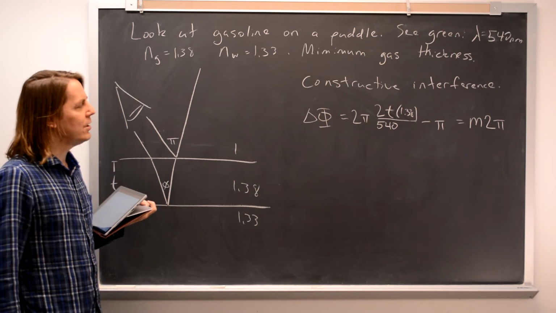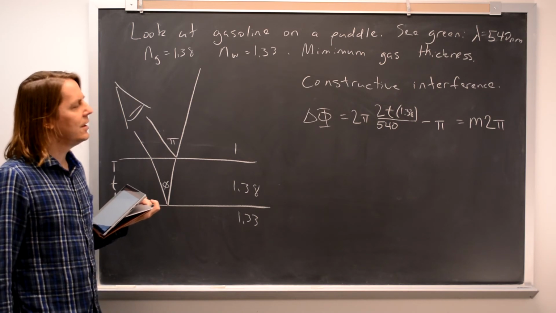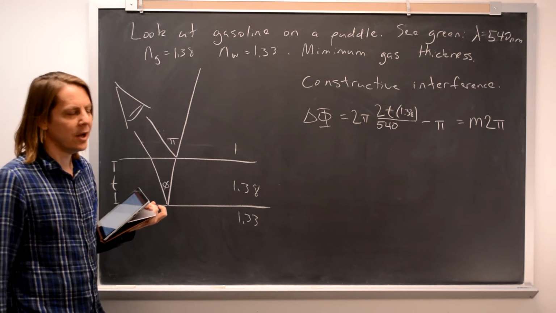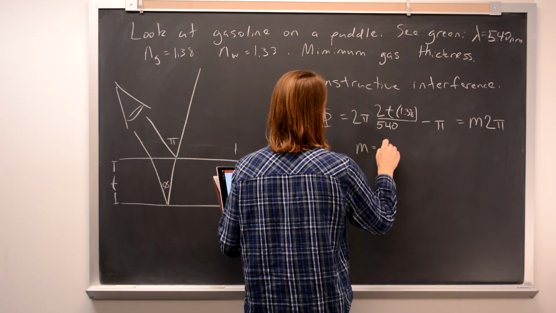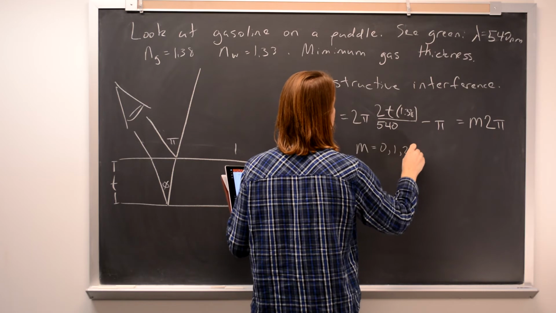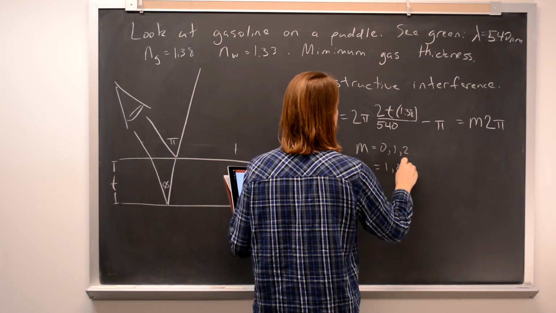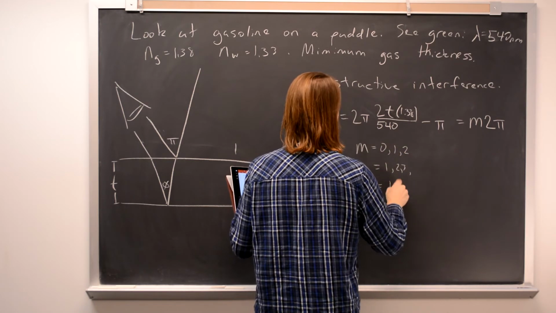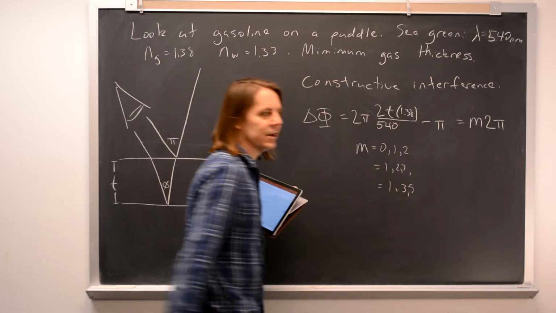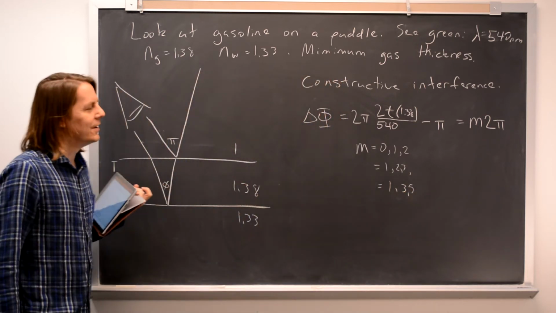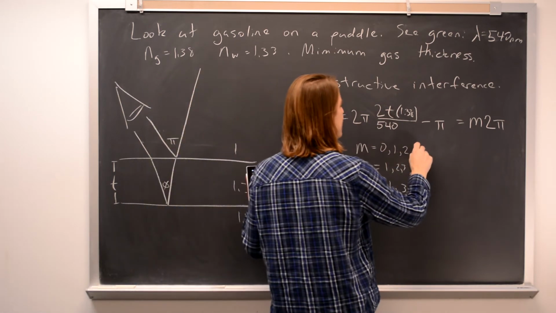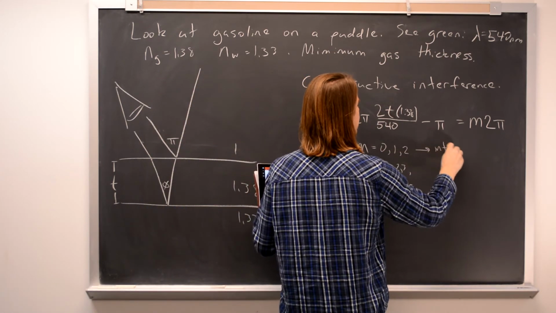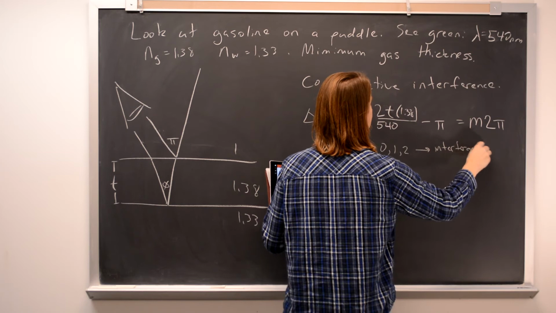So probably the trickiest part of this is knowing what to use for m. In all these classes, we always talk about m equals 0, 1, 2, but sometimes it's 1, 2, 3, and sometimes it's 1, 3, 5. It can be confusing. In general, if you keep 0, that's usually for interference problems.